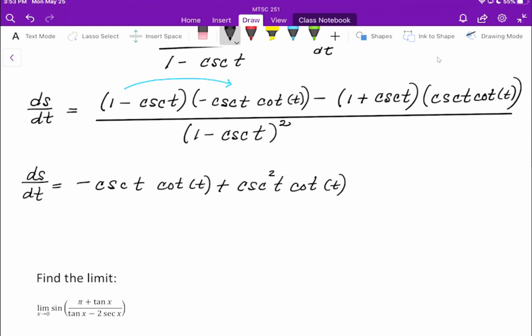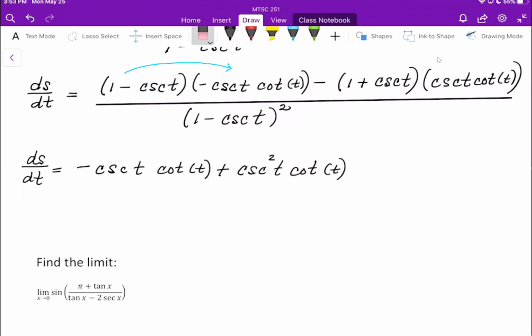And then I'm going to now have to subtract off a cosecant t cotangent t plus a cosecant squared t cotangent t.